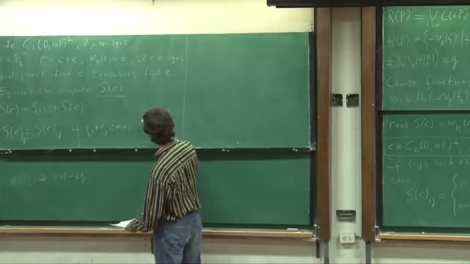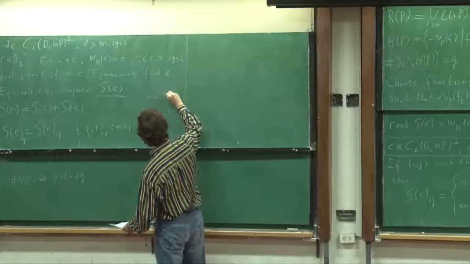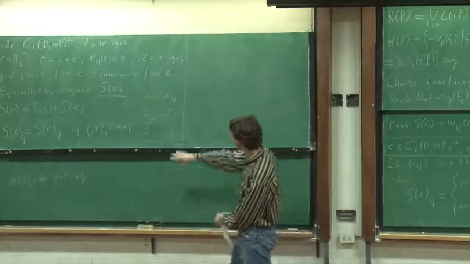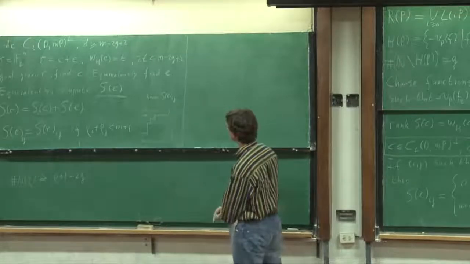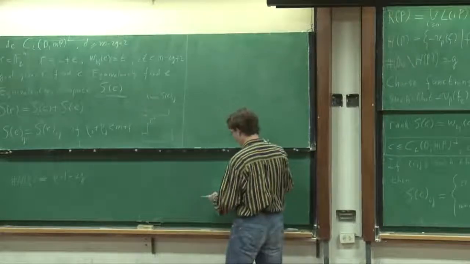Here we know exactly what S of E looks like. It is a shape that will in general look like this. And here we don't know it yet.